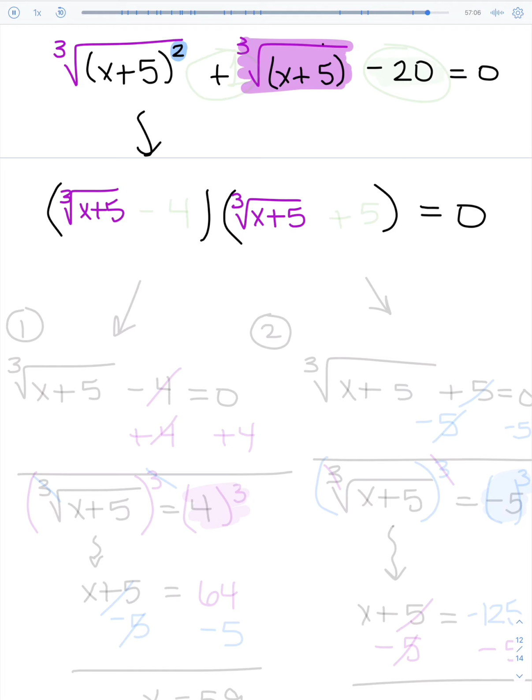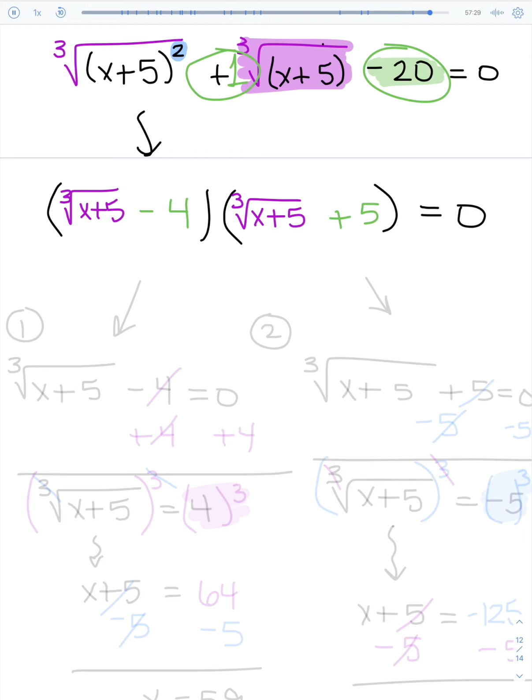Perfect. Then I need 2 factors of negative 20 that are going to add up to a positive 1. Well, what 2 factors of negative 20 add up to a positive 1? That's a positive 5 and a negative 4. Now that it's factored, what do you always do next?